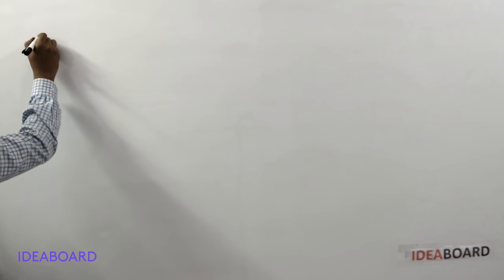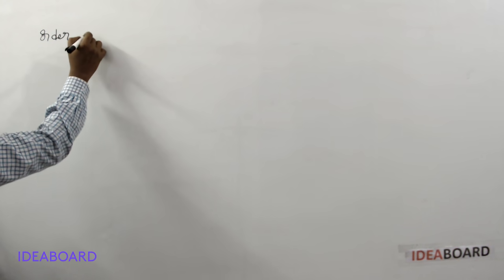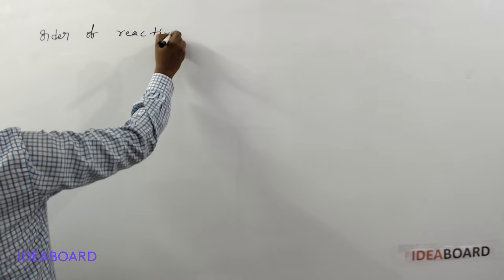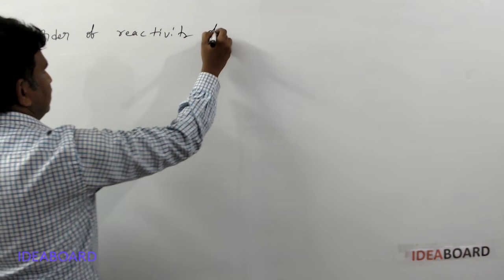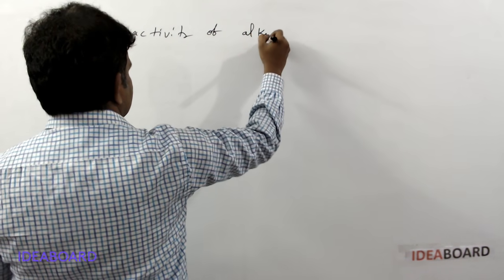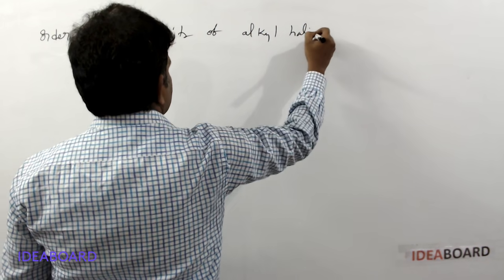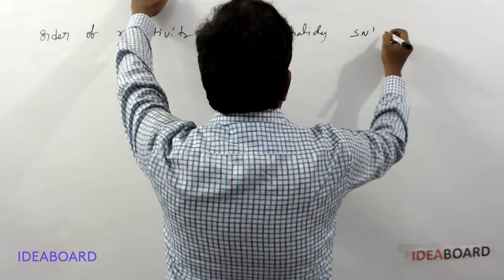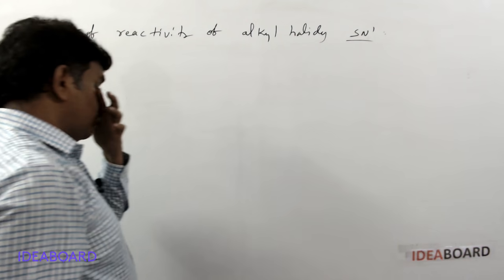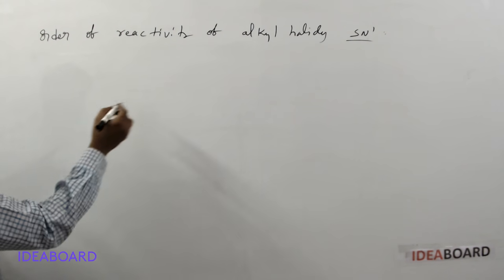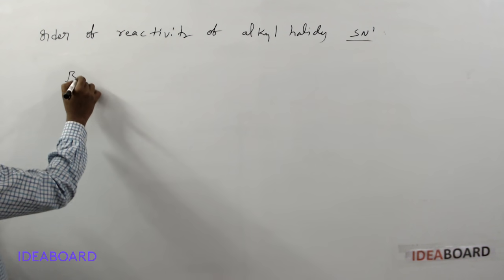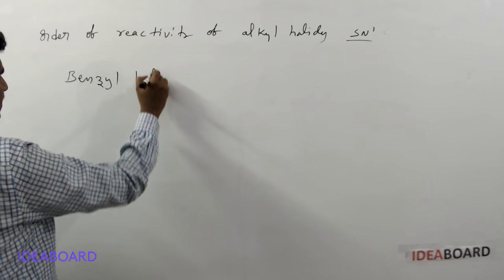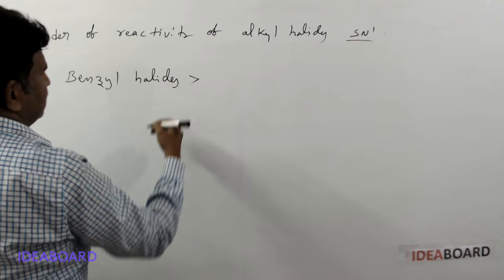Lastly, order of reactivity of alkyl halides towards SN1 reaction. Mainly remember the most reactive is benzyl halides.